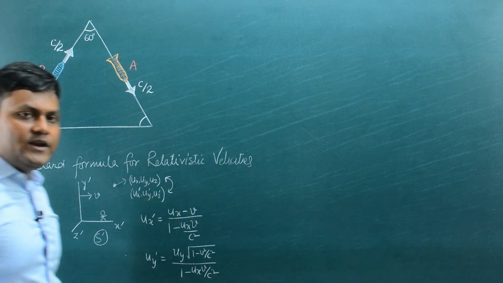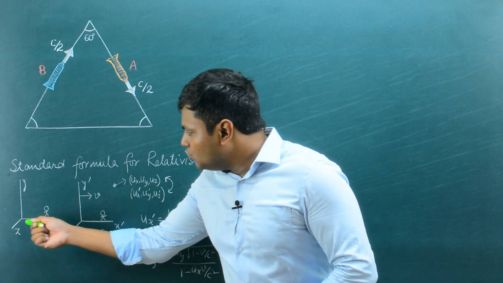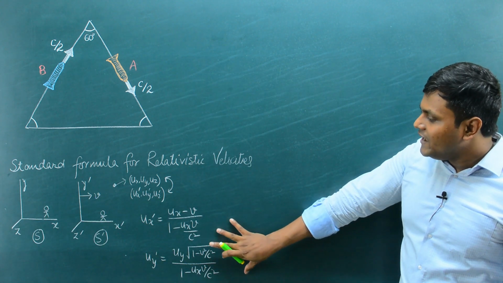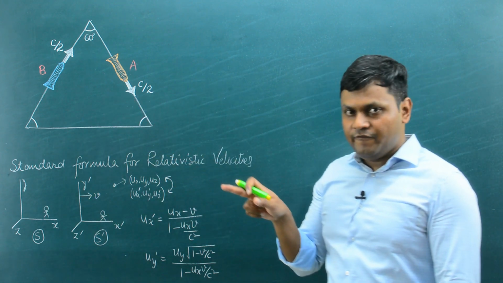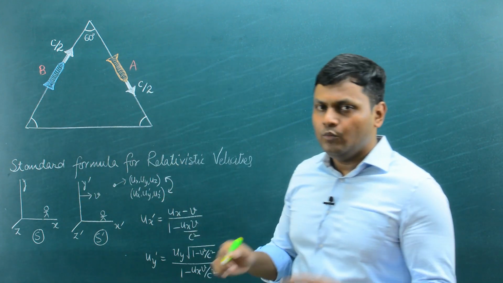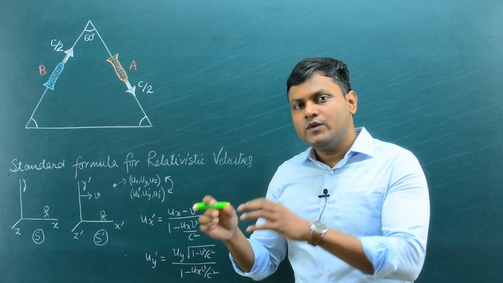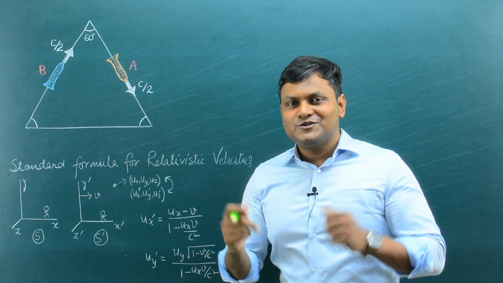So this is the standard expression for relativistic velocity transformations, where the relative velocity is only along one particular axis, which is the x-axis. Now I can apply this similar formula in our problem if we look at the components of the velocities of B and A with respect to some defined frame of reference, and from the components we can calculate the final magnitude of the velocity.